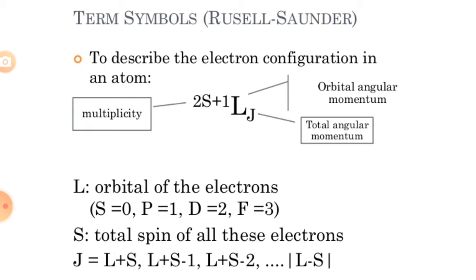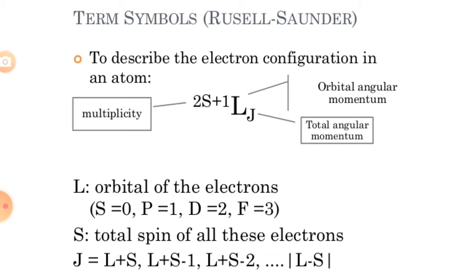In this picture we can see 2S plus 1 is the spin-spin type of coupling, L is the orbital-orbital type of coupling, and J is the spin orbital type of coupling, the coupling of L and S. If the orbital is more than half filled, then L plus S, and if the orbital is less than half filled, then take L minus S. Okay, the J value is L minus S.